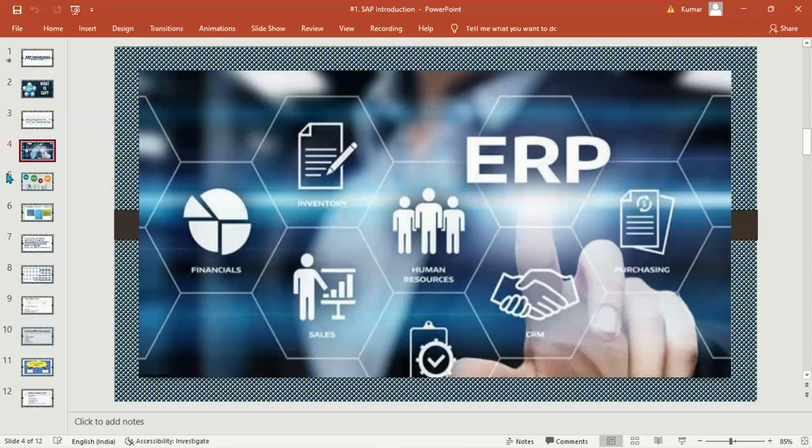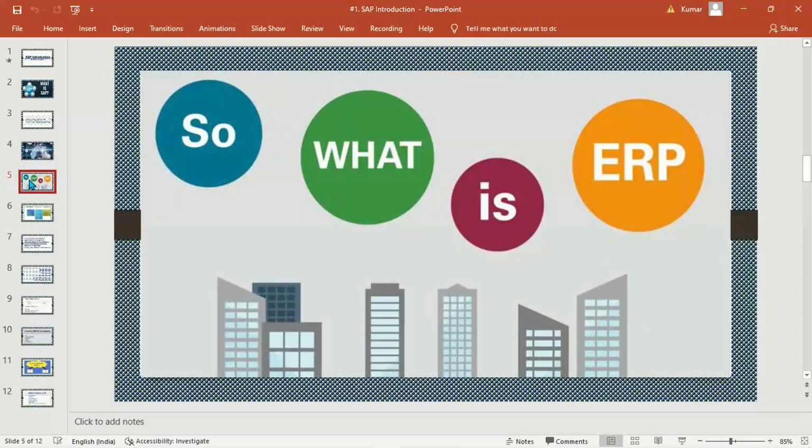But again, the next question which comes is, what is ERP? So what is ERP, guys? Anybody want to say something? Enterprise resource planning. Okay, I knew that this is the answer given by most of you.